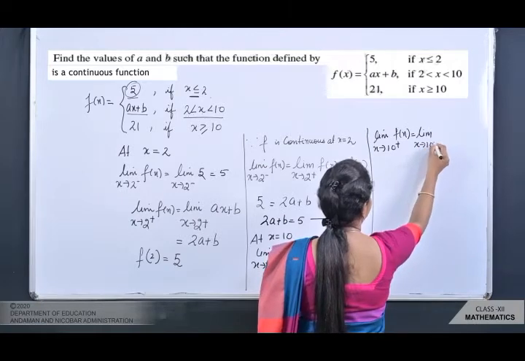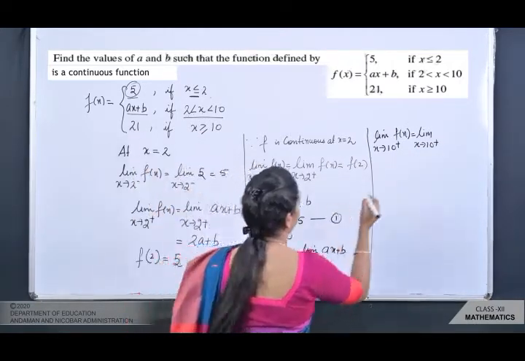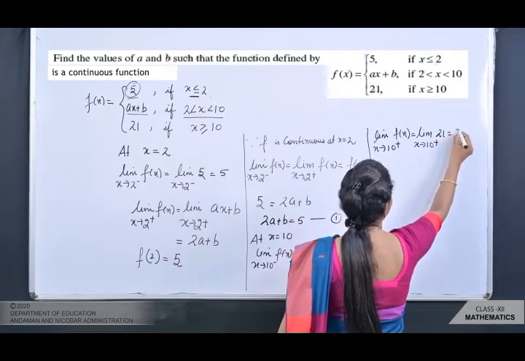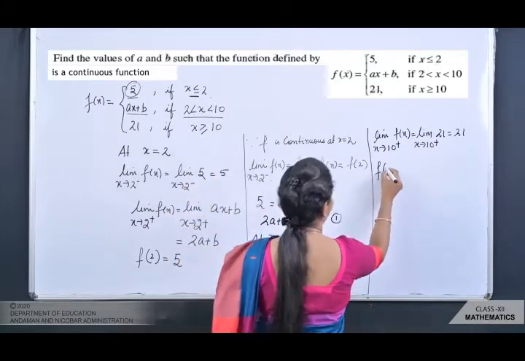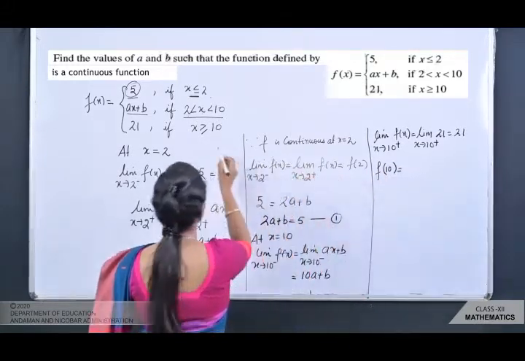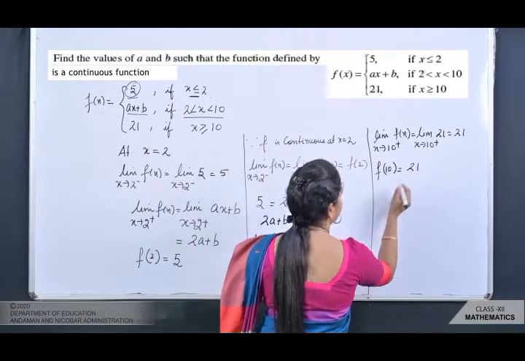Then you will find the right hand limit, limit x tends to 10 plus f(x) is equal to limit x tends to 10 plus, greater one. x greater than 10, the value is 21, so you are getting 21. Now function at that particular point, that is 10, f of 10. So you will see where is equal to sign here. So again it is 21.